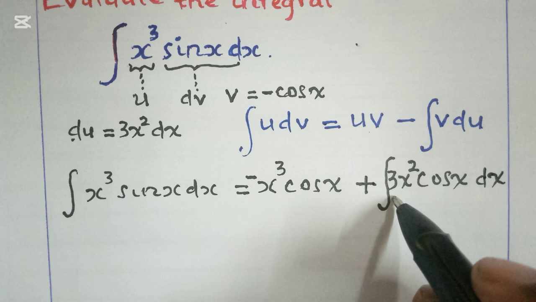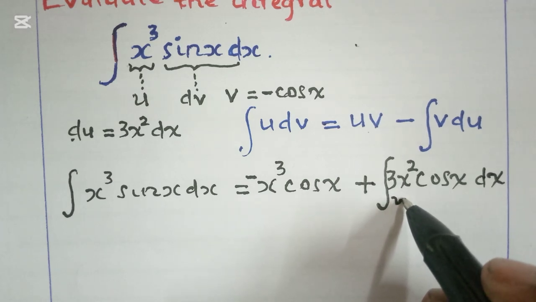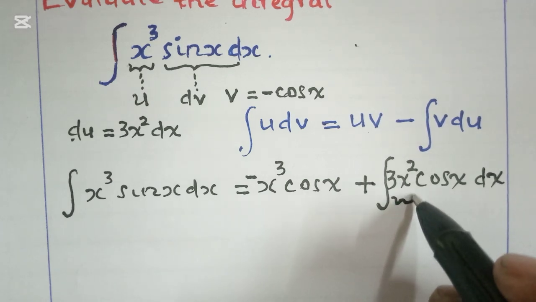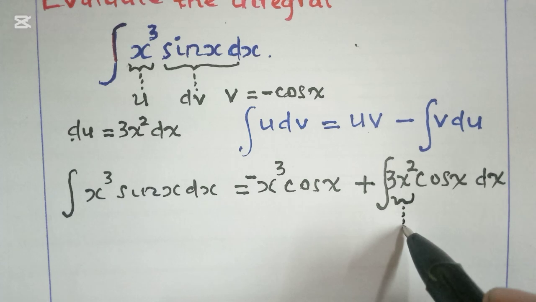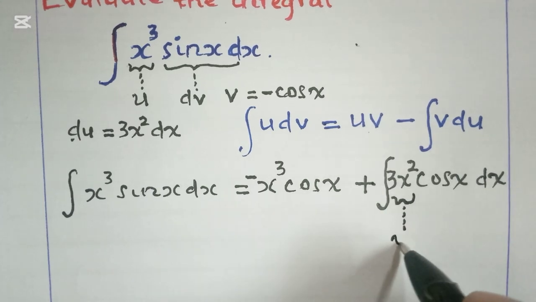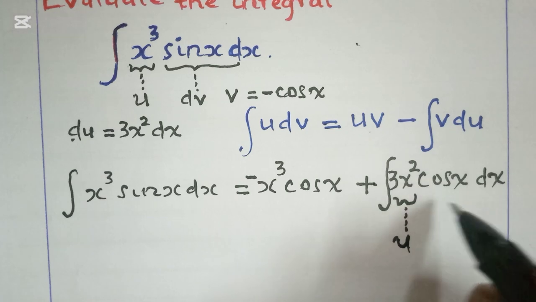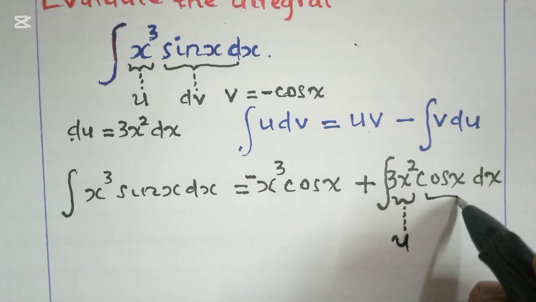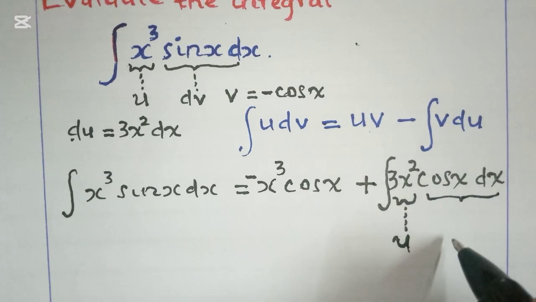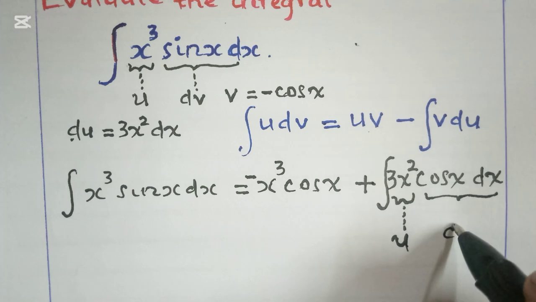So now, guys, I will select once again. This one I give it the value u, and this one let me give it dv, like that.